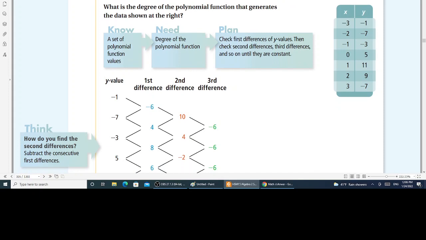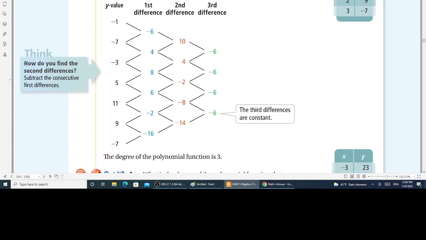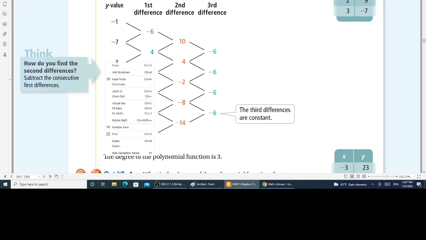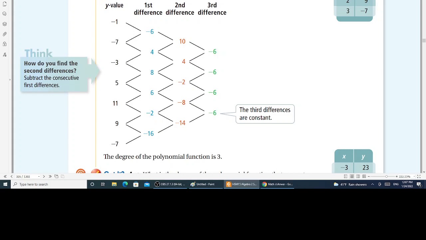By checking the first differences of the y values, then the second differences, then the third differences, and so on until they are constant.